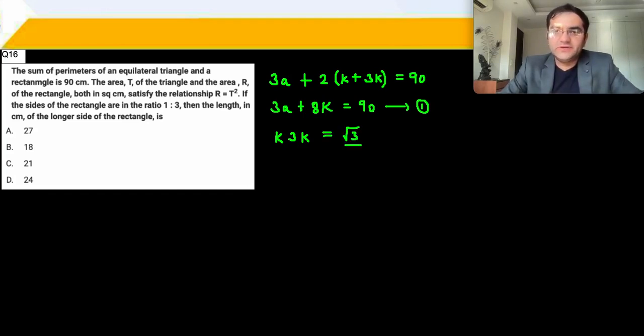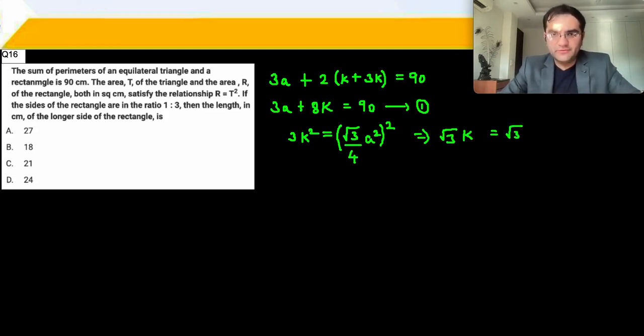So take area of the triangle, root 3 by 4 a square, whole square. Now k into 3k is of course 3k square, and now take square root on both sides. So root 3 k is root 3 by 4 a square. Root 3 cancels. So I get k is equal to a square upon 4. Substitute k back into the original equation.